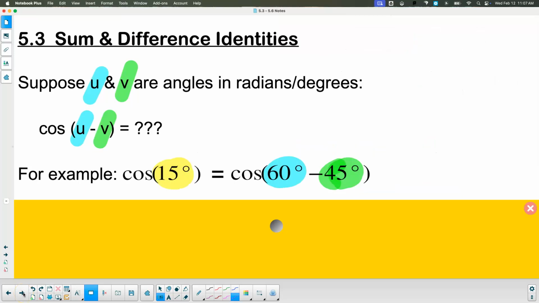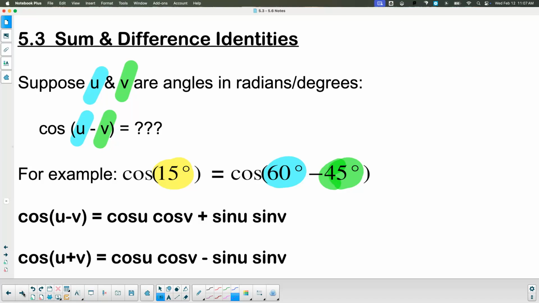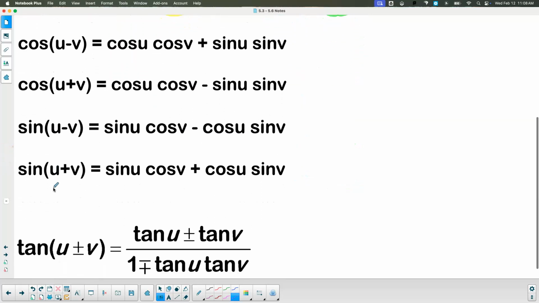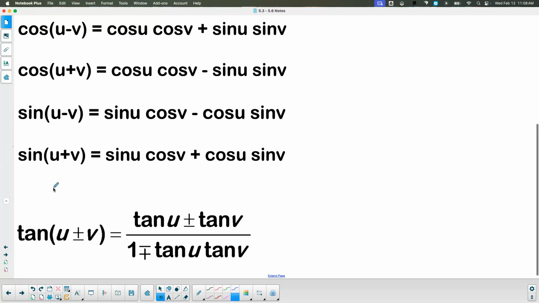And so those actual formulas then are here. Here is how they are written out without the pluses and the minuses, just so you know, except for tangent. Tangent, we didn't want to write out that fraction twice.